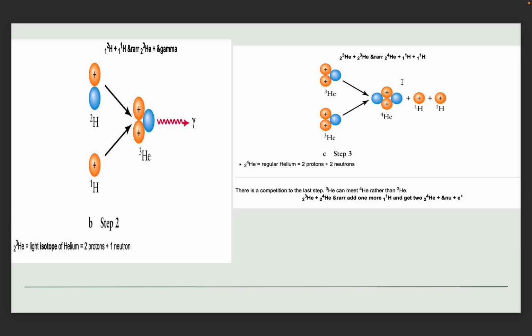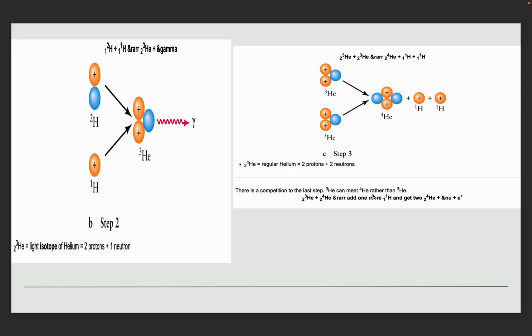And to the deuterium, another proton gets fused and creates the helium 3 isotope, and from two helium 3 isotopes, helium 4 gets created. There is a competition in the last step.